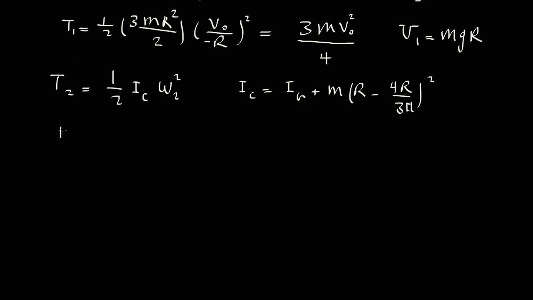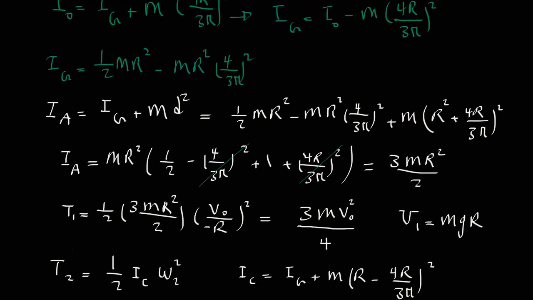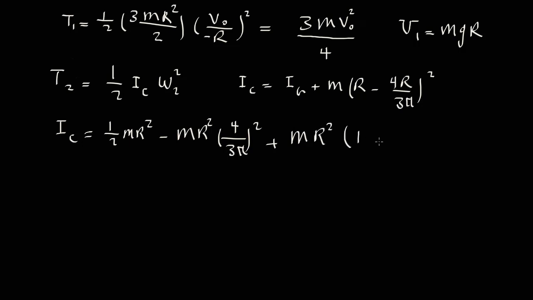So basically Ic is equal to Ig, which we had over here. Ig was this number, so 1 over 2 mr squared minus mr squared times (4 over 3π) squared. So that's Ig, and here we have plus mr squared times (1 minus 4 over 3π) squared. So basically we are able to find Ic.